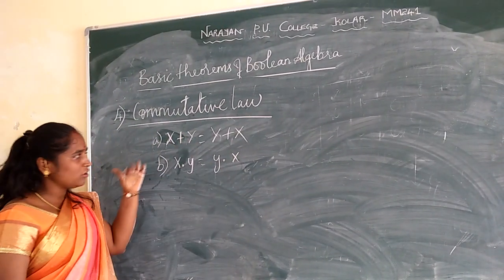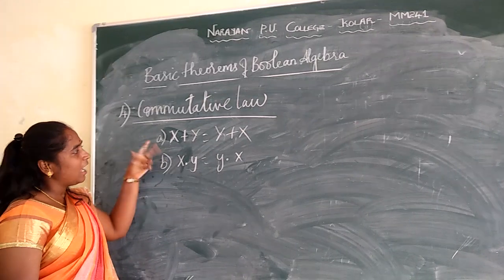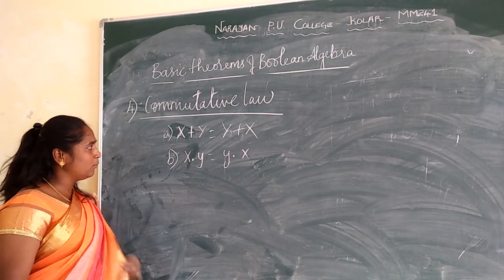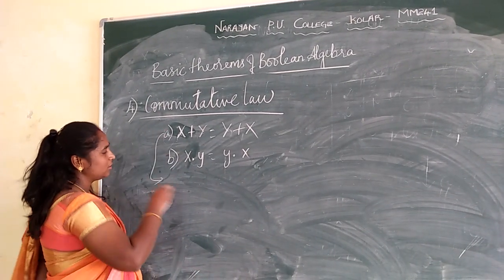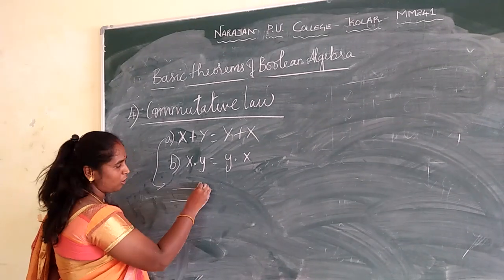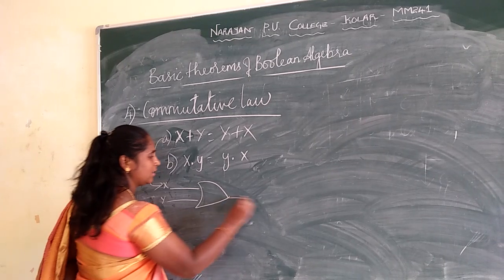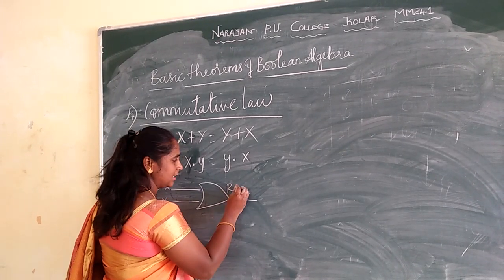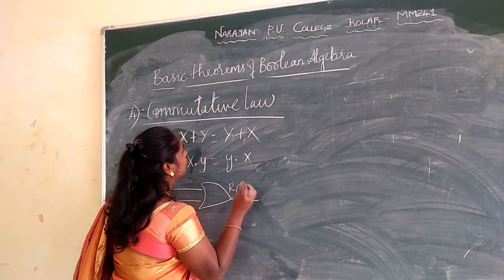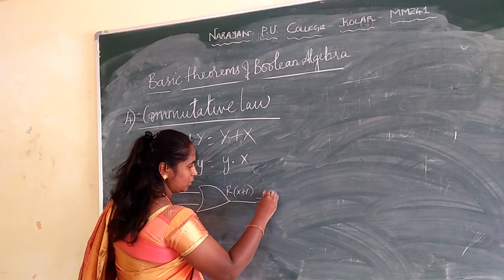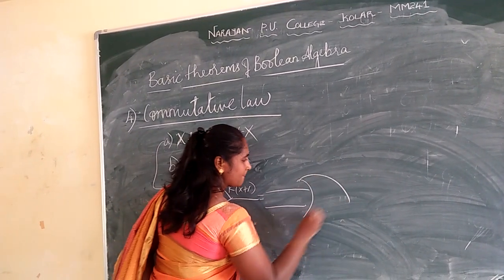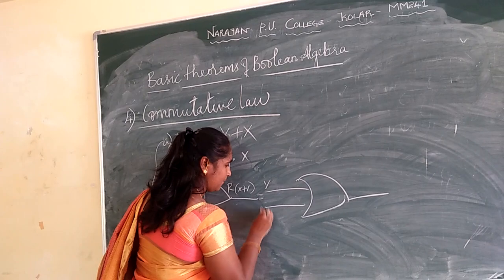We will see the logic circuits of both, and then one by one we will solve the problems. First, the logic circuit using an OR operation: x plus y, and the result r is x plus y. This should be equal to y plus x.